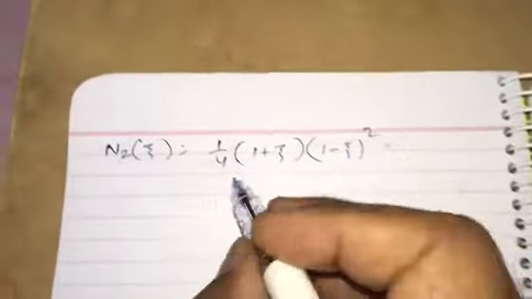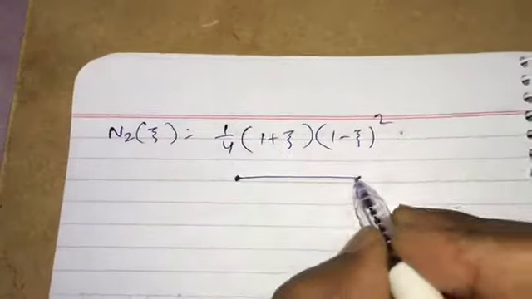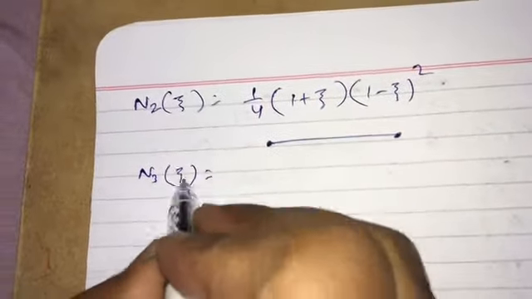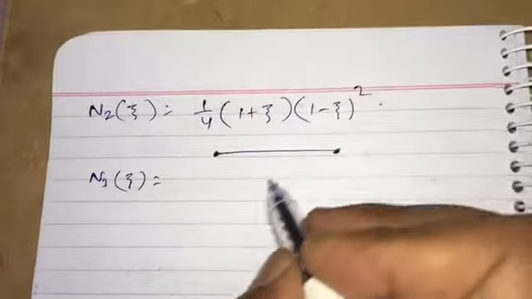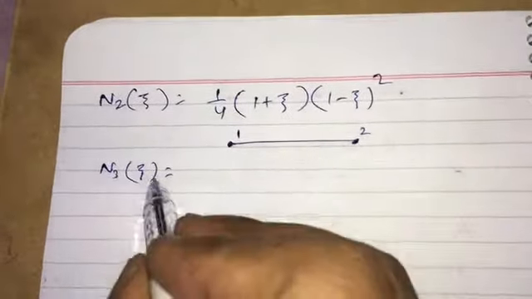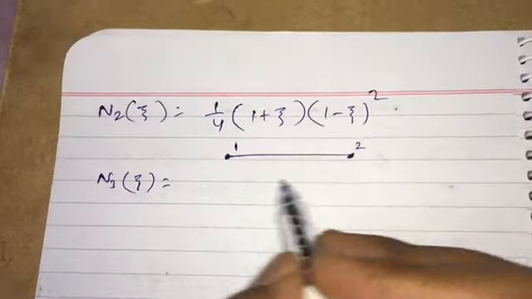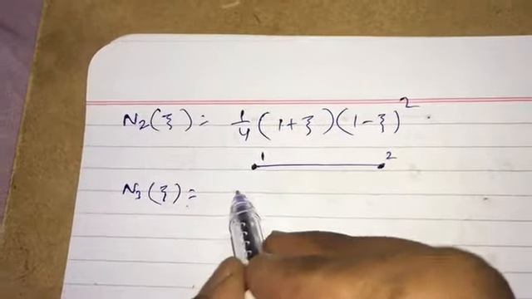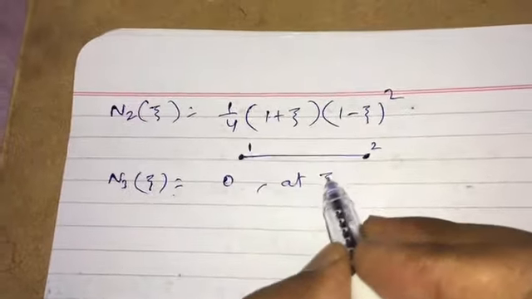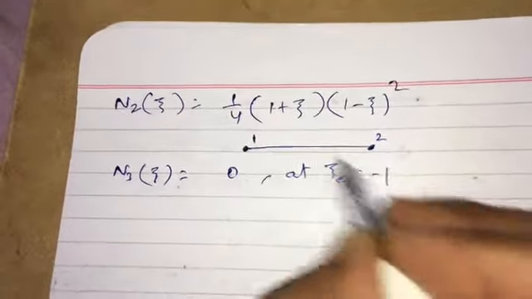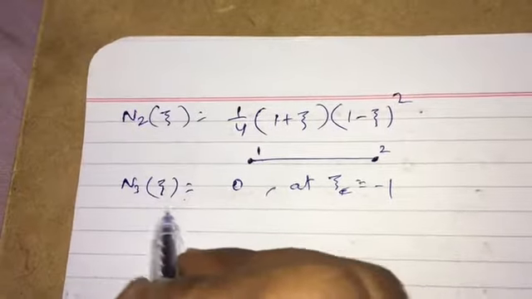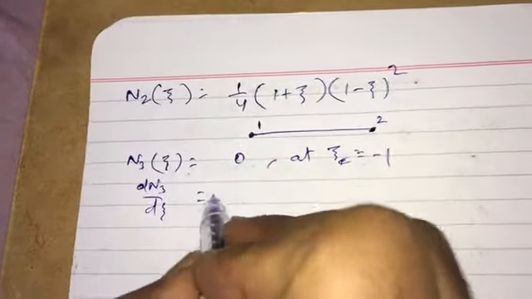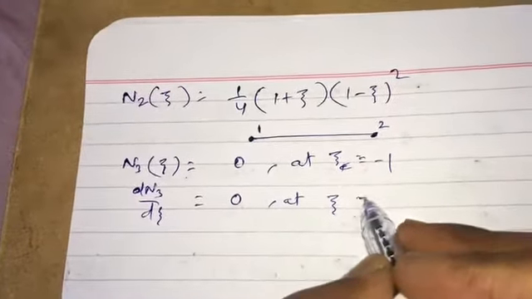Similarly we can also find N3. Okay, so N3 xi equal to what? For N3, we want the value to be 0 at xi equal to minus 1, and dN3 d xi will be 0 at xi equal to plus minus 1.